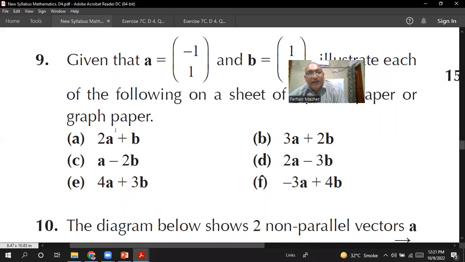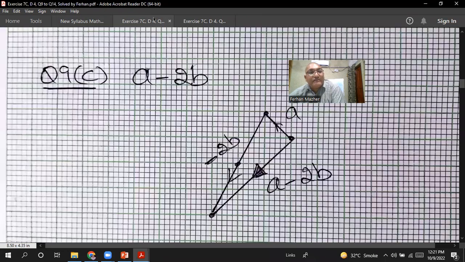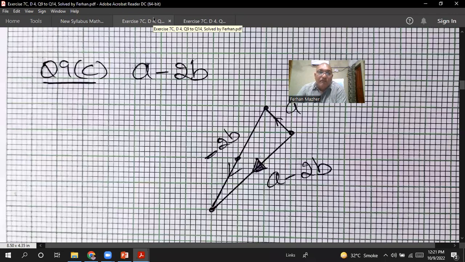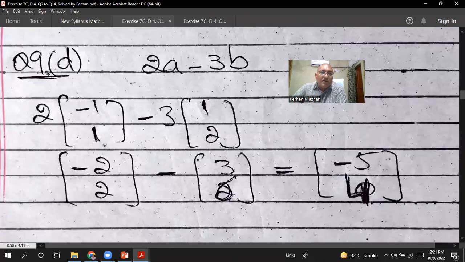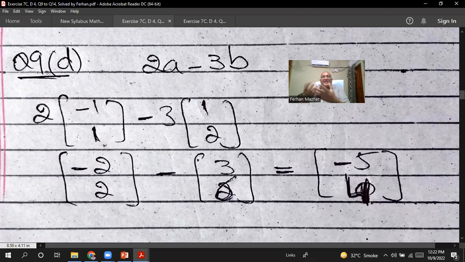The D part is 2a minus 3b. 2a minus 3b, just put those values of the column vectors there. So it will be 2, and in the bracket you will have minus 1, 1, minus 3, and in the column vector you have 1, 2.